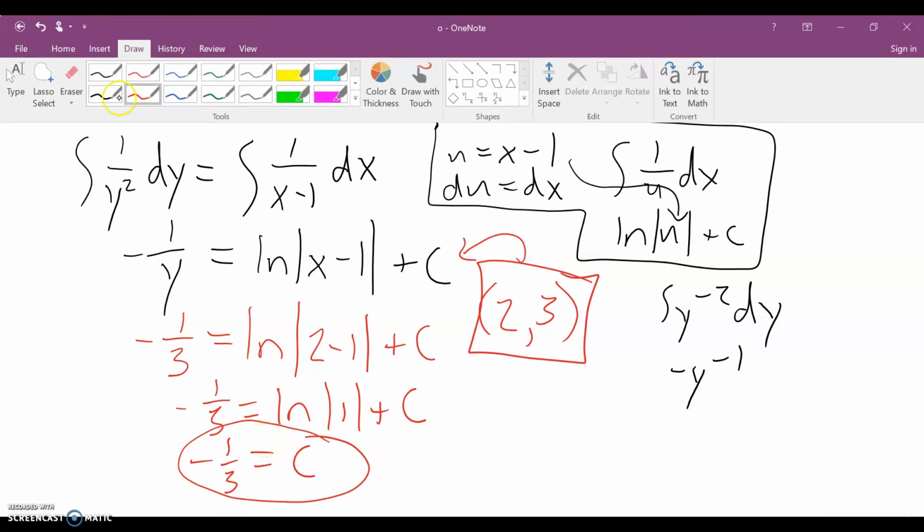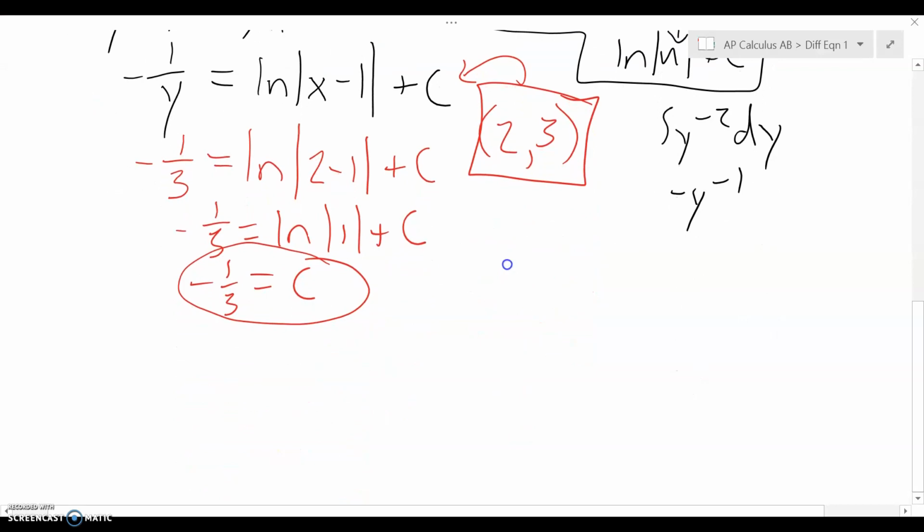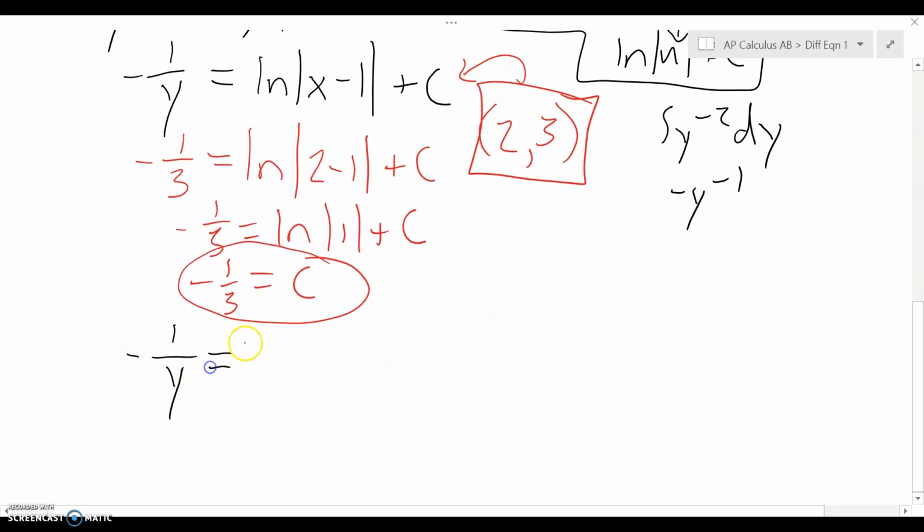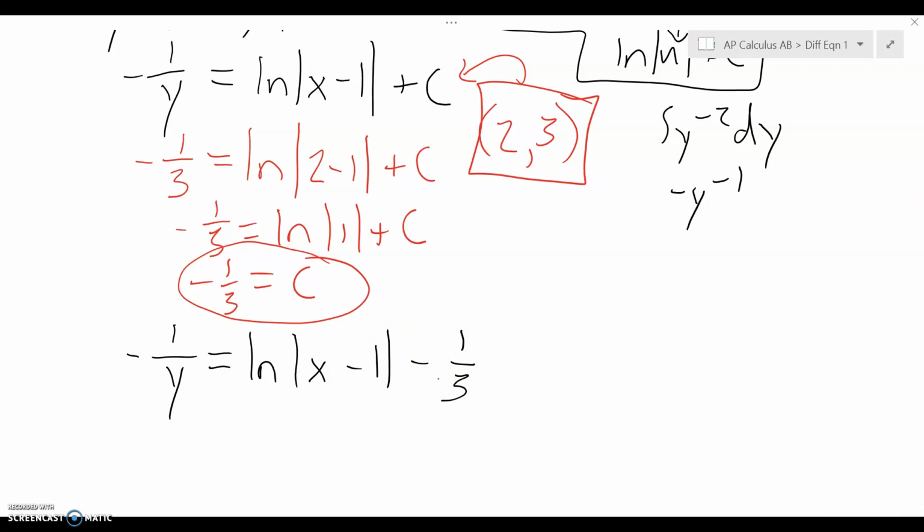So I'm going to pop back to the black pen I was using, and we're going to say, okay, I can swap out c, and in its place, put -1/3. Then I'm going to divide both sides by a -1, or multiply both sides by a -1, however you want to think of it, to get rid of the negative that's with the y.